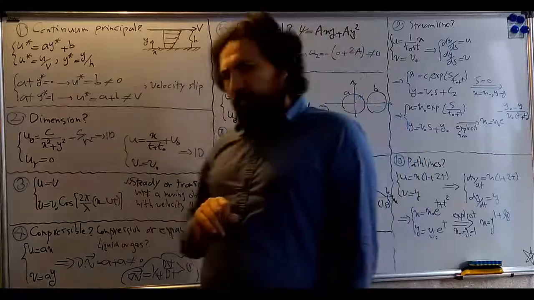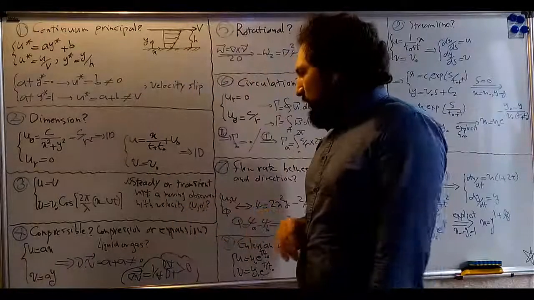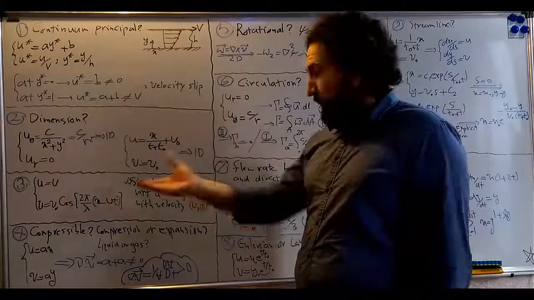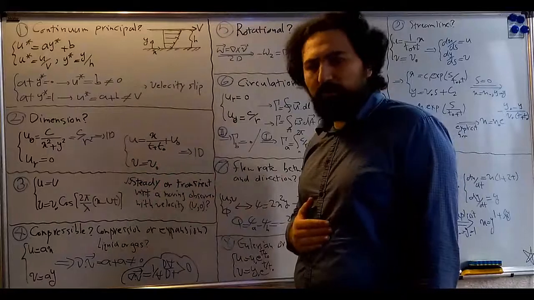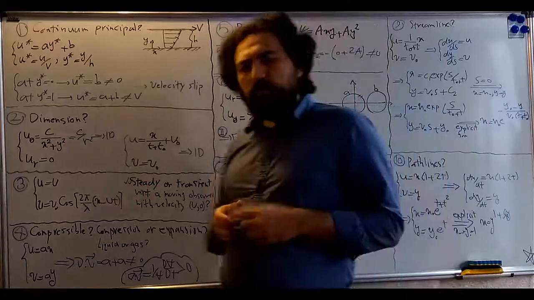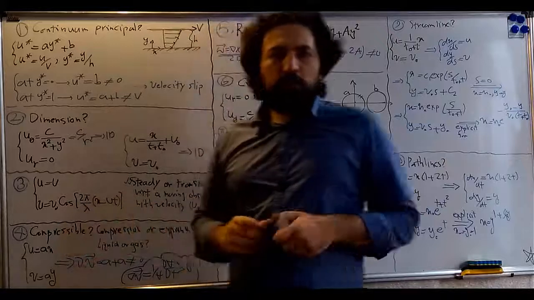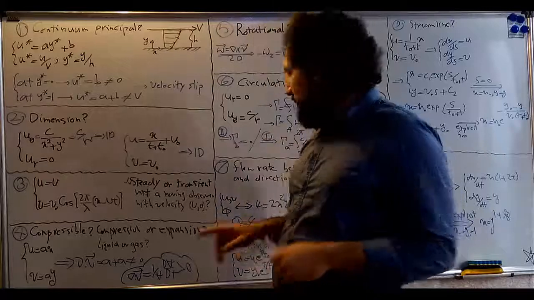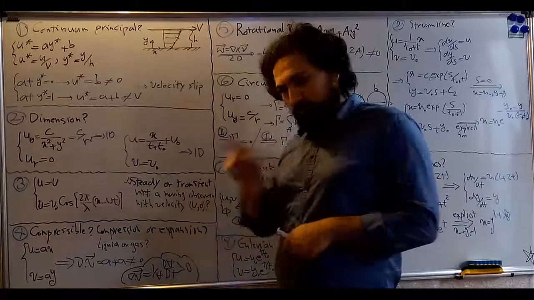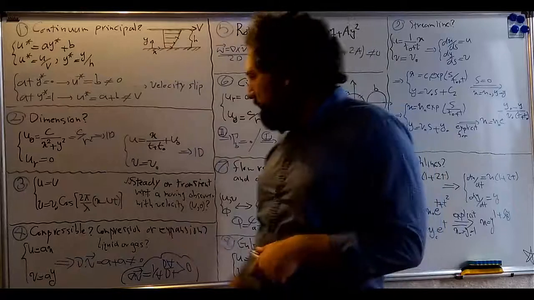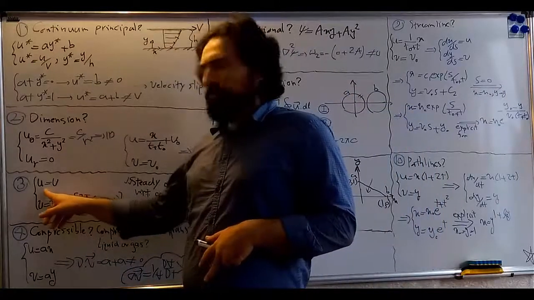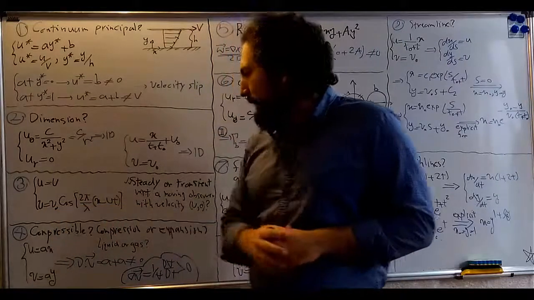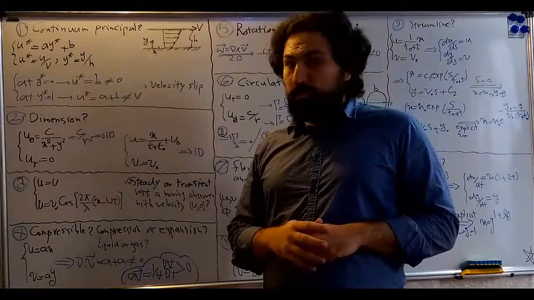The answer to the third question about steadiness: it's obvious that this velocity field is a function of time, so this is transient. But when you describe this velocity field with respect to a moving observer with the velocity of u and 0 in the horizontal direction, you'll see that the horizontal velocity vanishes and the vertical velocity becomes a constant independent of time.